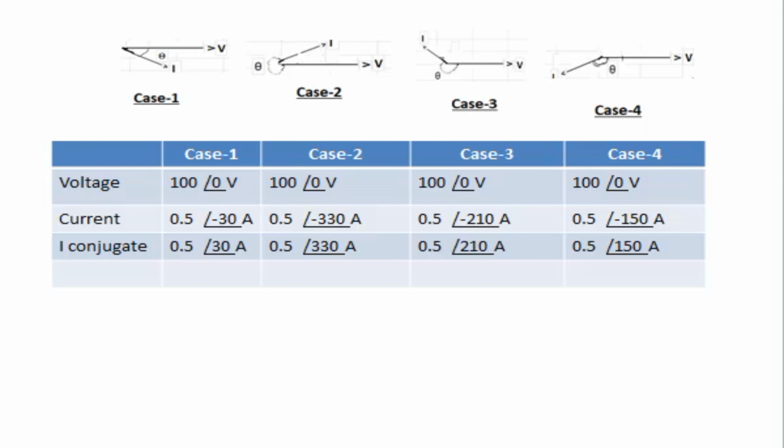First case, the conjugate of minus 30 degree is plus 30 degree. Second case, minus 330 means 330. Third case, minus 210 conjugate is 210. Fourth case, minus 150 conjugate is 150. Now we got I conjugate.